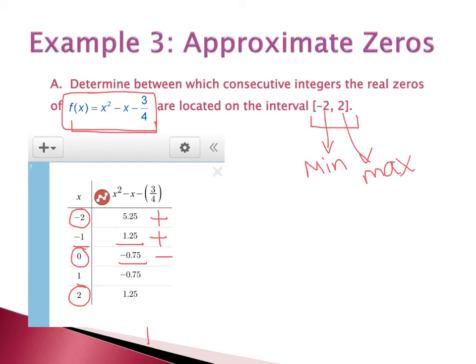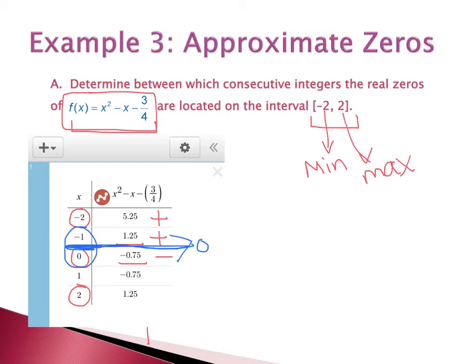If we are switching sign here from positive to negative, that tells me that somewhere between 1.25 and -0.75 is the number 0. So I have a 0 somewhere between an x value of -1 and 0, meaning we're crossing the x-axis somewhere between -1 and 0.